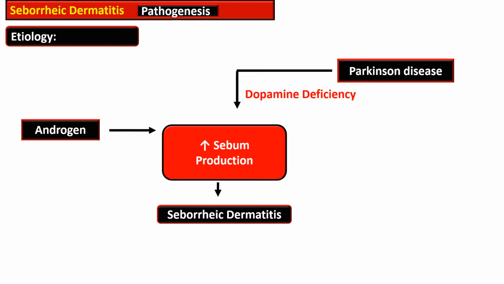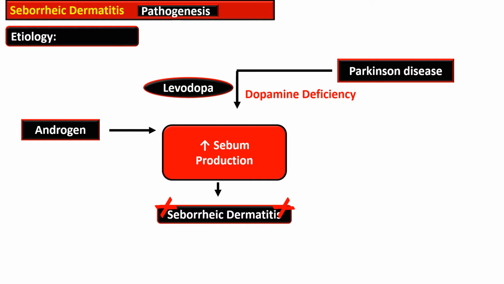This is supported by patients with Parkinson's disease, where Parkinsonism is due to dopamine deficiency, and it results in increased sebum production, and as a result there are lesions of seborrheic dermatitis.